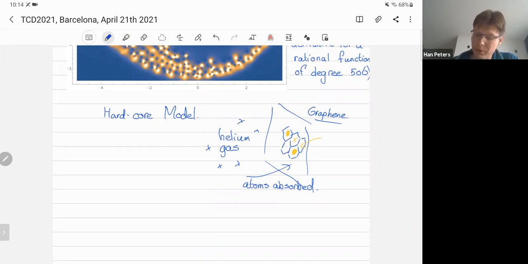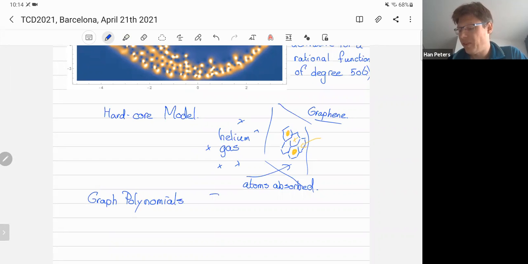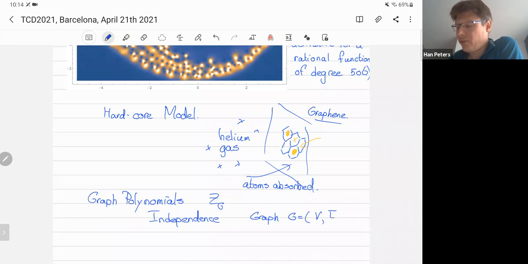So what are those polynomials? They're called a specific graph polynomial, the independence polynomial, which is a polynomial Z that depends on a graph G. So a graph G, which is some points and some edges between the points.